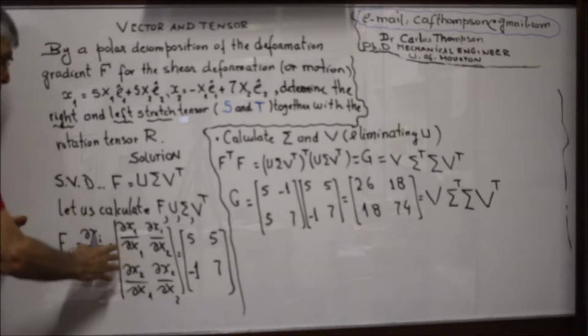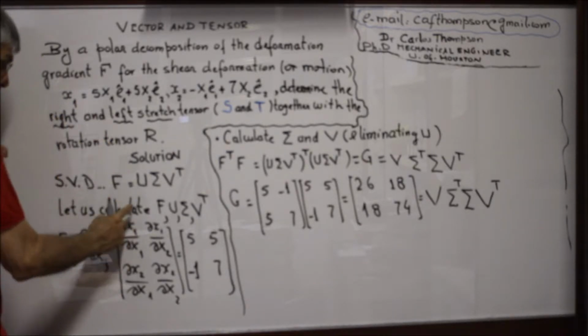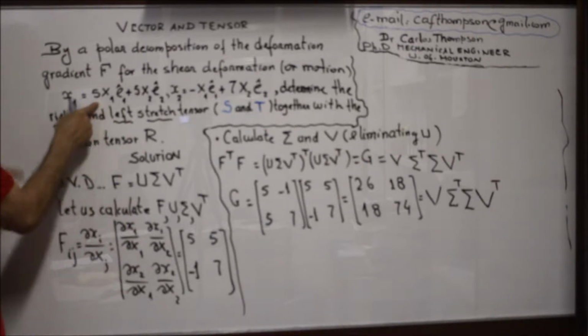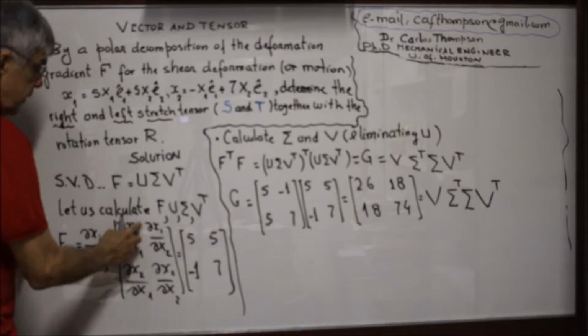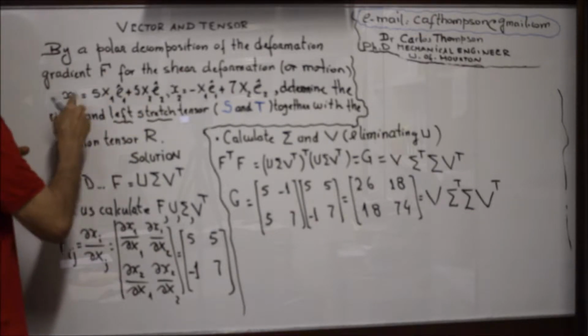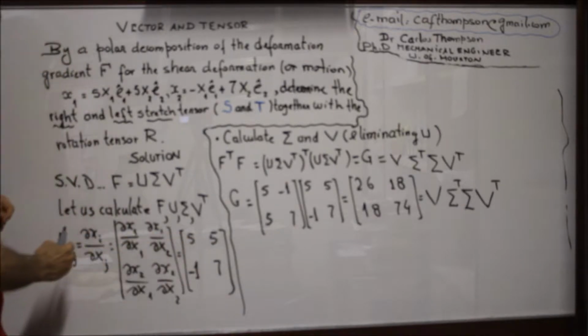Now it's quite easy. The partial derivative of x1 with respect to capital X1 is 5. The partial derivative of x1 with respect to X2 is 5.